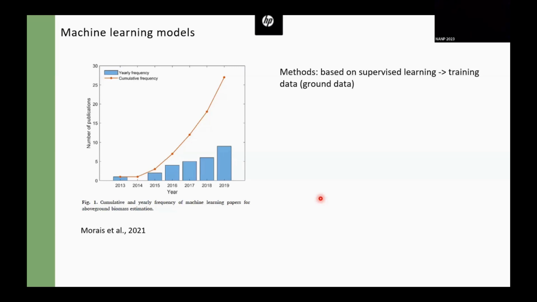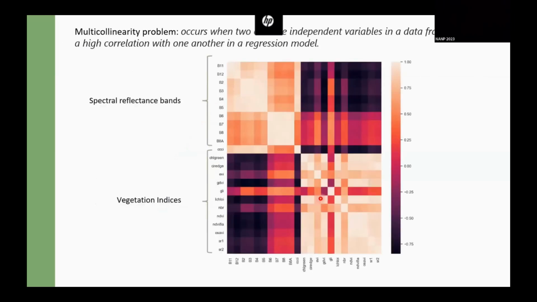Usually, machine learning models on satellite images are based on supervised learning, because you need training data based on the ground measurement to validate those models. And one of the great advantages is that they can circumvent the multicollinearity problem that is inherent to the satellite data that you can acquire.